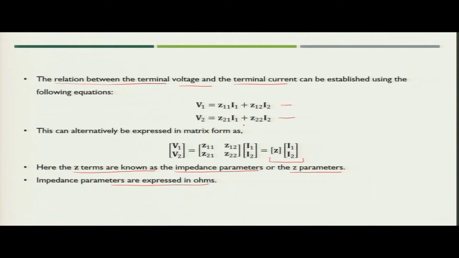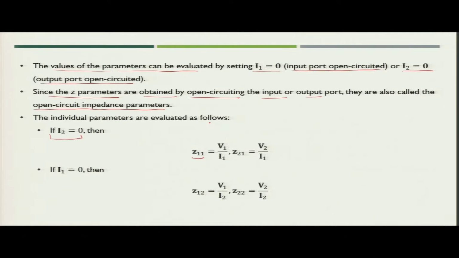Similarly, in this equation, if you put I1 equal to 0, what will happen? You will get the value of Z12, that is V1 upon I2, and Z22, that is V2 upon I2.